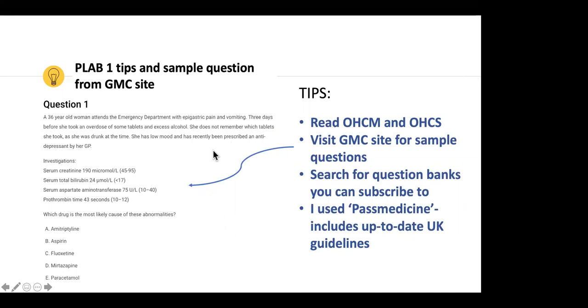Like I said, I used Past Medicine and I found that it really worked, and I didn't find the exam challenging at all. So this is a sample question from the GMC site. I'm just going to ask if you guys can read through the scenario, and then put down your answer in the chat of what you think the answer should be.